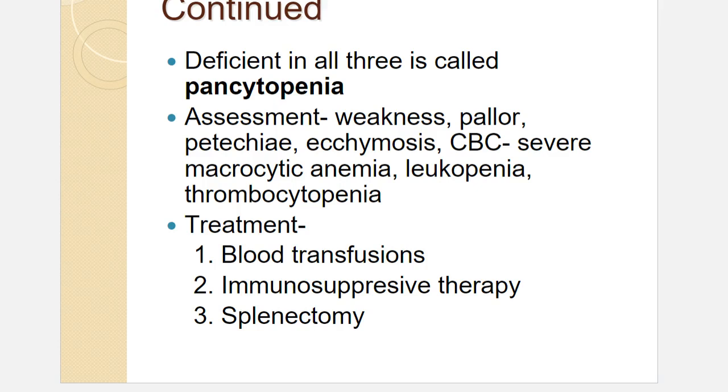Sometimes a person may have had exposure to radiation, or maybe they've had a viral infection, and this would just cause their bone marrow to unfortunately quit working. It becomes a very incapable bone marrow to produce any of these cells. Sometimes it can be from exposure to malarial toxins.